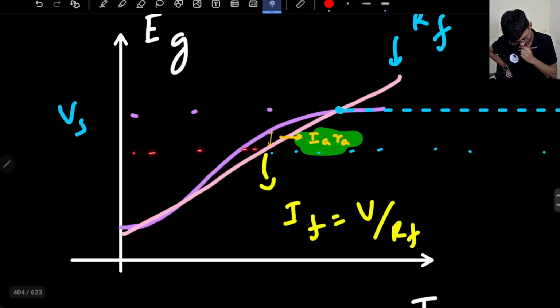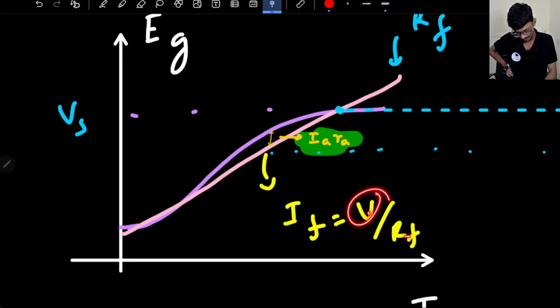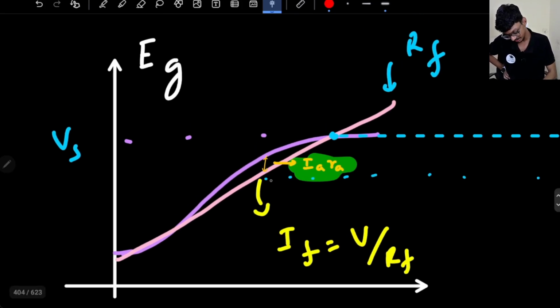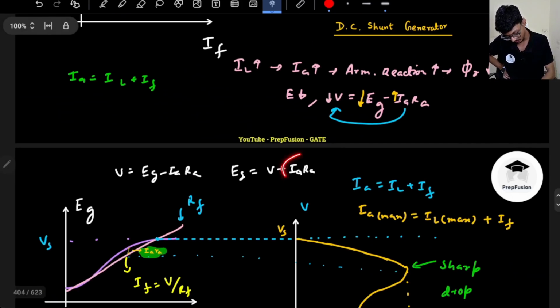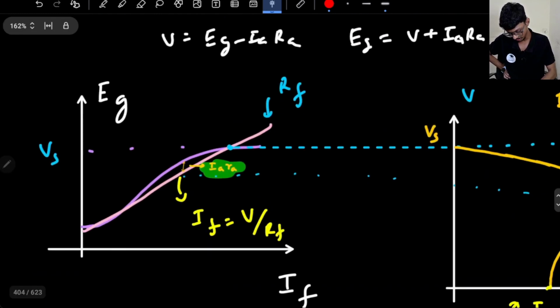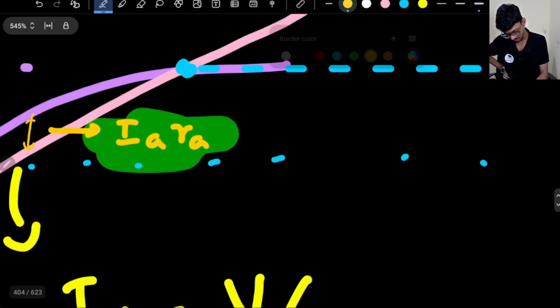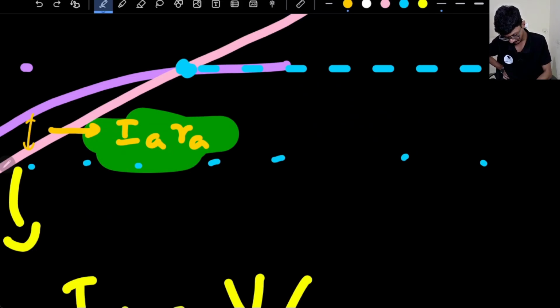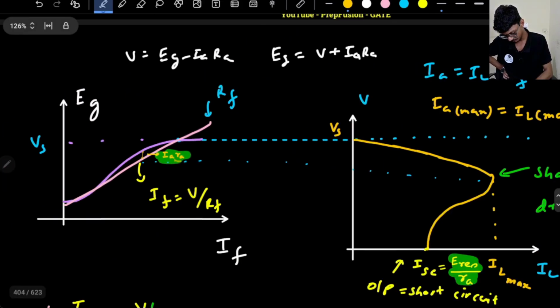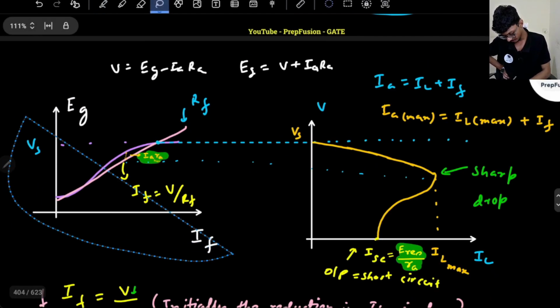This is the point of the field voltage V by RF, and V with IRA added gives me the generated EMF. If I am able to find this point and I know this point, the difference of these two points will give me the IA max into RA.